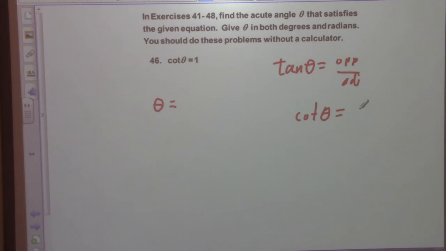Adjacent over opposite. Okay? And so this is going to be equal to cosine over sine.